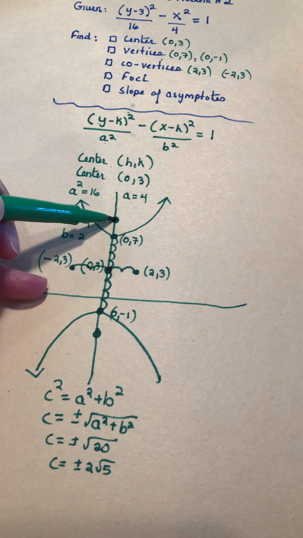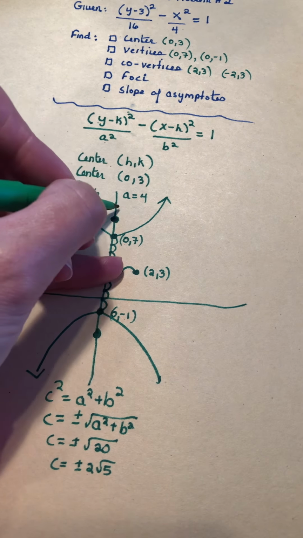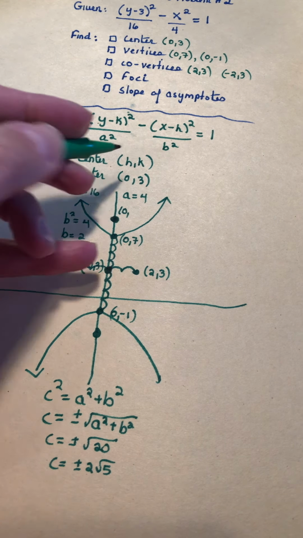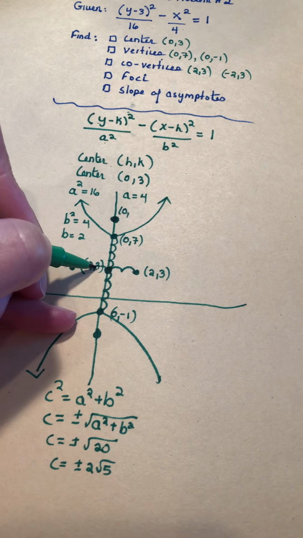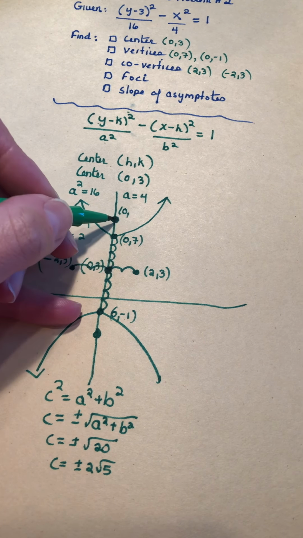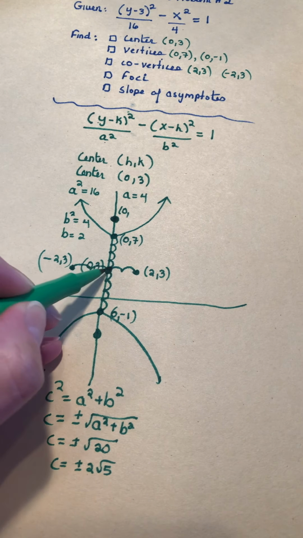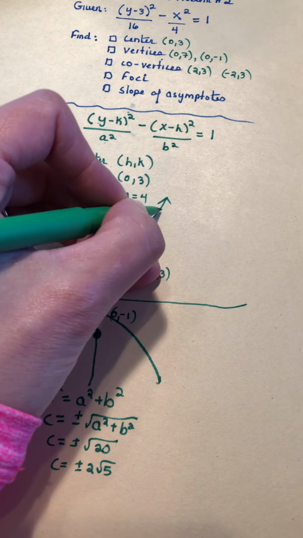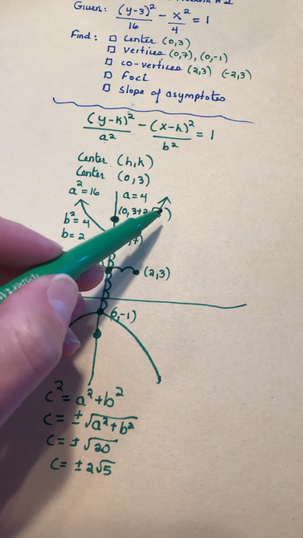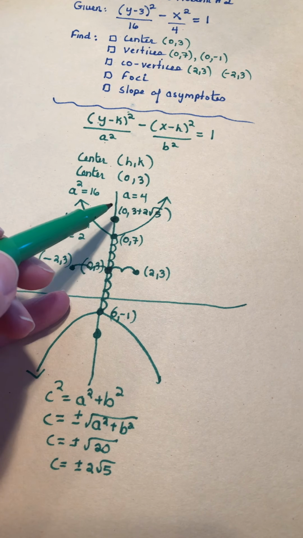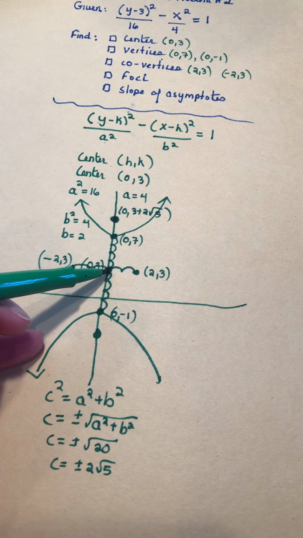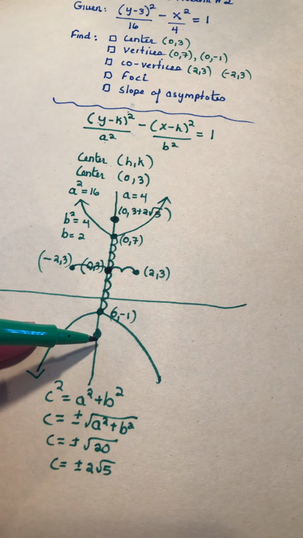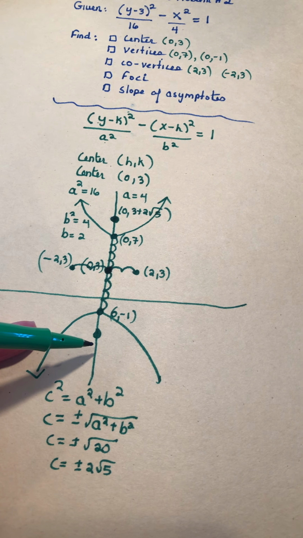So what does that mean? That means that this point here is 0, comma 3, because this is the point 0, 3 of my center, 0, 3 plus 2 root 5. And again, I know that looks like a weird answer, but you're going to leave that in simplest radical form. And then the other focus is going to be going from this point down a distance of 2 root 5.